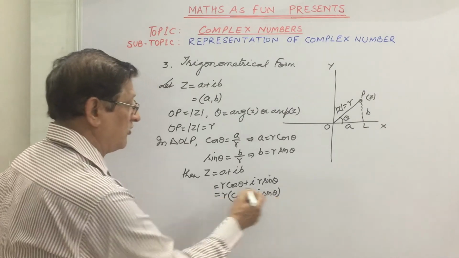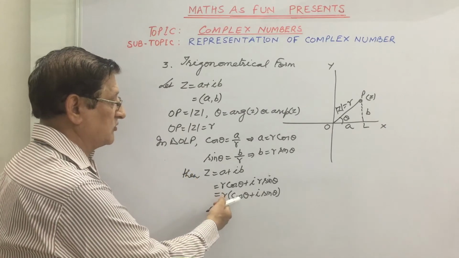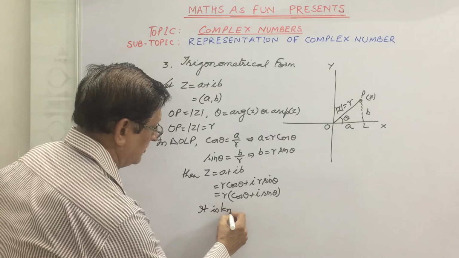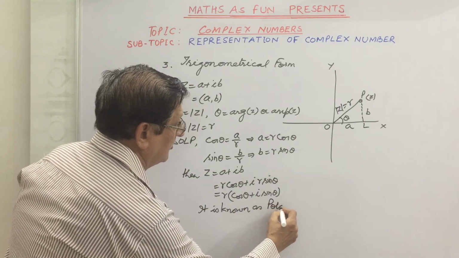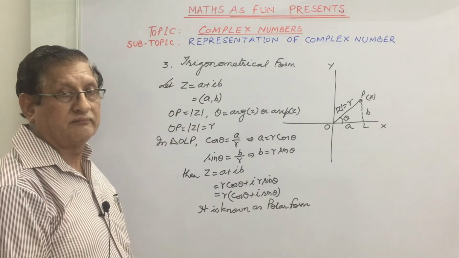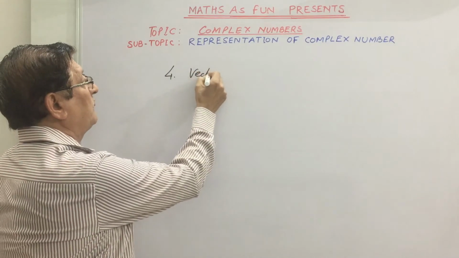This particular form, writing the complex number in terms of theta and R, is known as polar form of the complex number. The fourth one here is vector form.